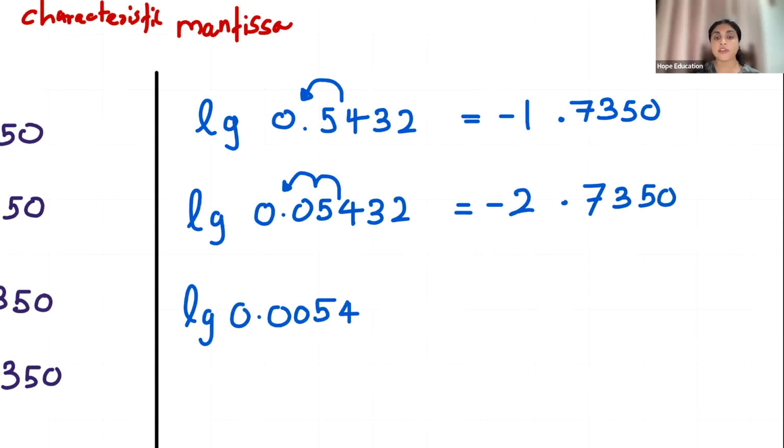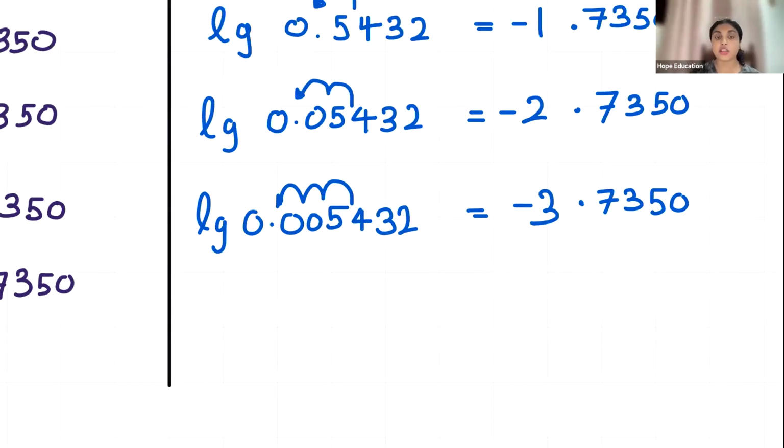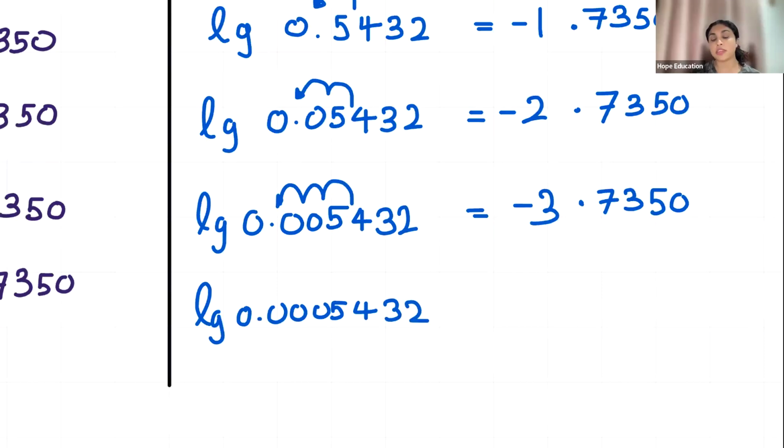If you take 0.005432, the same 5432, you read from the log table and get 0.7350. From the default, it has gone 1, 2, 3 places to the front, then it's -3. And if you take log of 0.0005432, you still have 5432, so we get 0.7350.